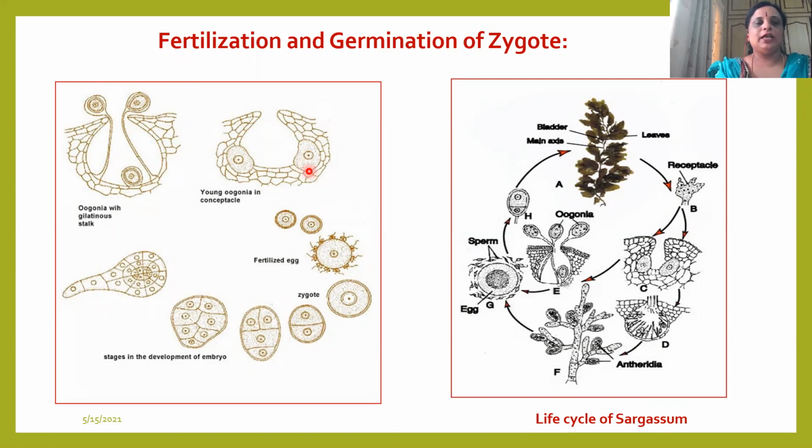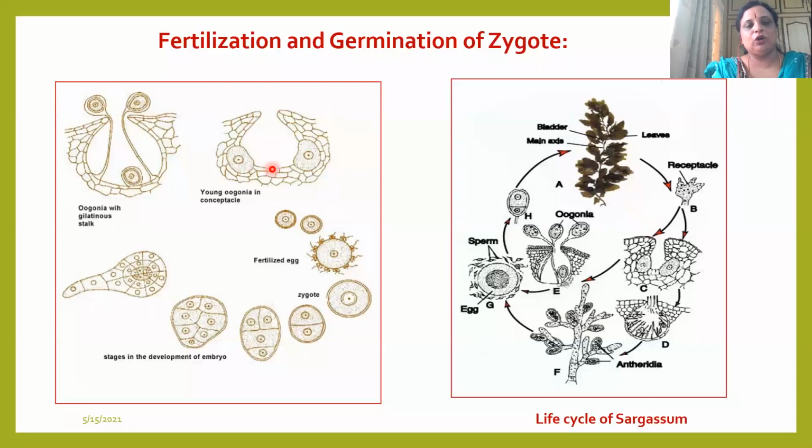And as I was mentioning, this oogonium is made up of three wall layers: exocyte, mesocyte, and endocyte. The exocyte ruptures, and the mesocyte produces a certain gelatinous structure. This gelatinous structure develops and reaches the wall of this oogonium.